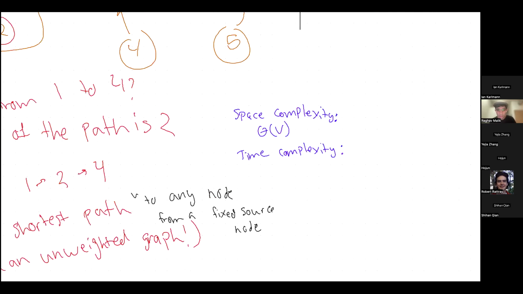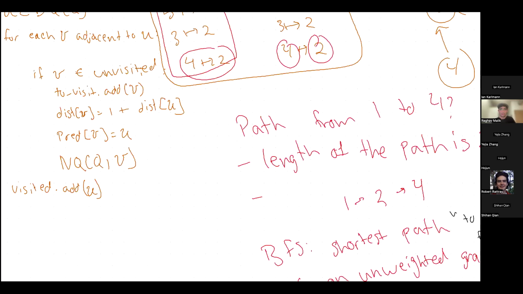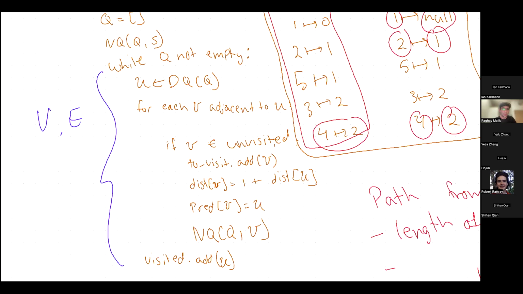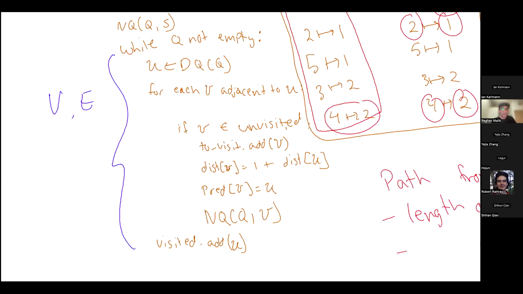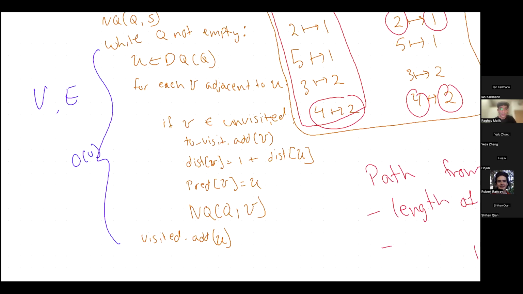That's a good starting point, right? I definitely have to do something for each vertex. So this outer while loop runs O of V times, yeah. But what about the stuff inside? How many times does this for loop run?